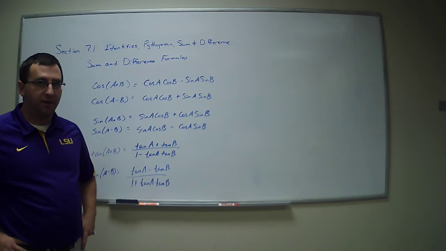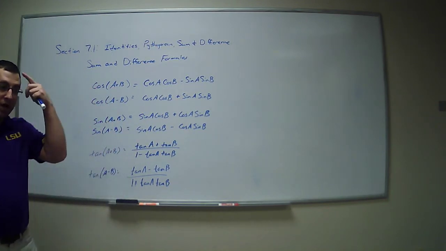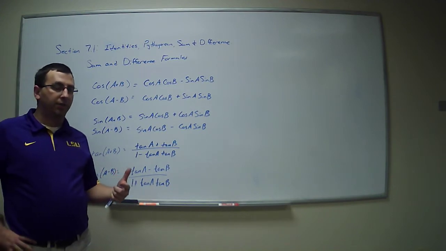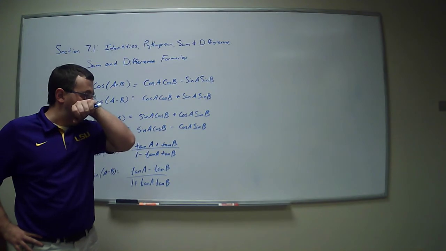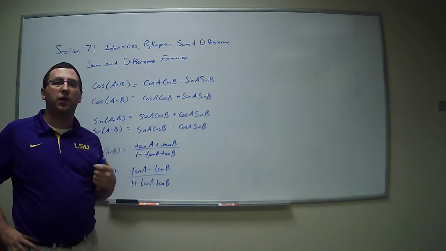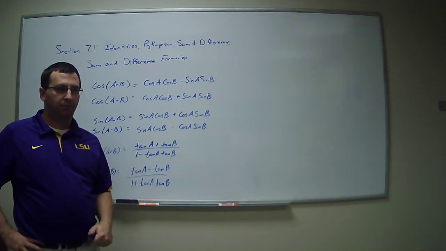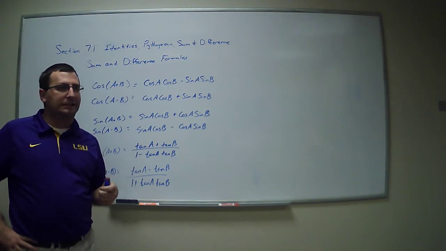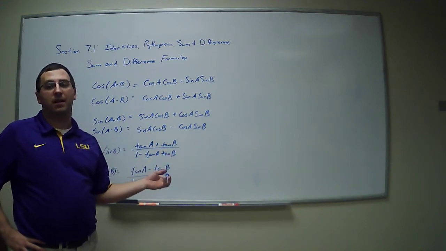How in the world do we do that? Well, going back to chapter 6, we know 30, 60, 90 triangles, 45, 45, 90 triangles. And we also know the unit circle angles. Anything in between there, that's where it gets a little tricky. That's where these formulas come into play.